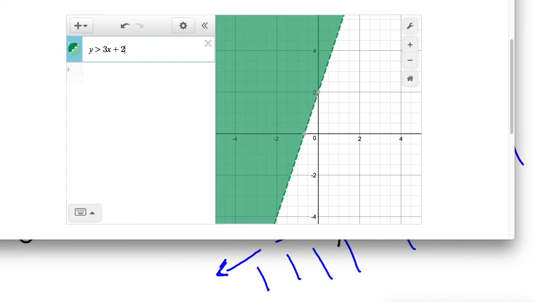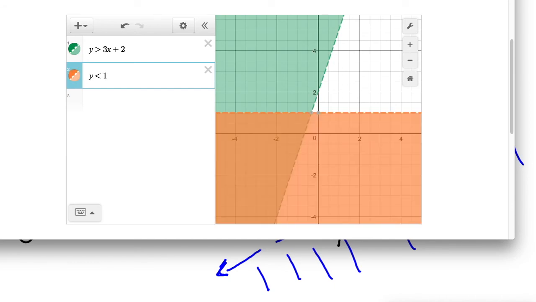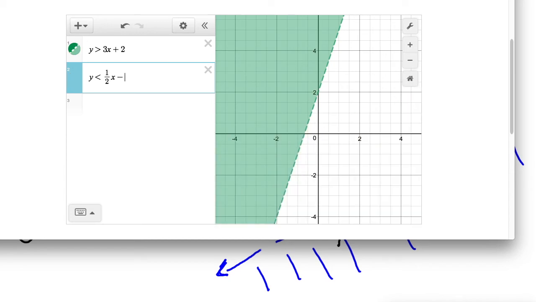So that was our first graph right there. Now the next one was y is less than 1/2 of x minus 3. So this was our next graph right there.